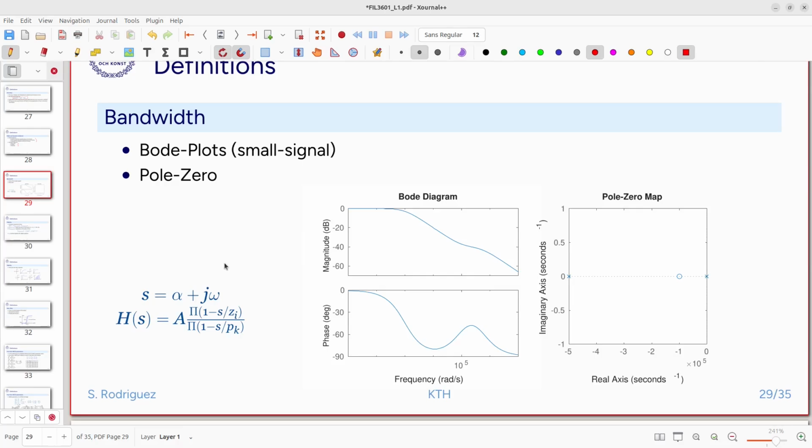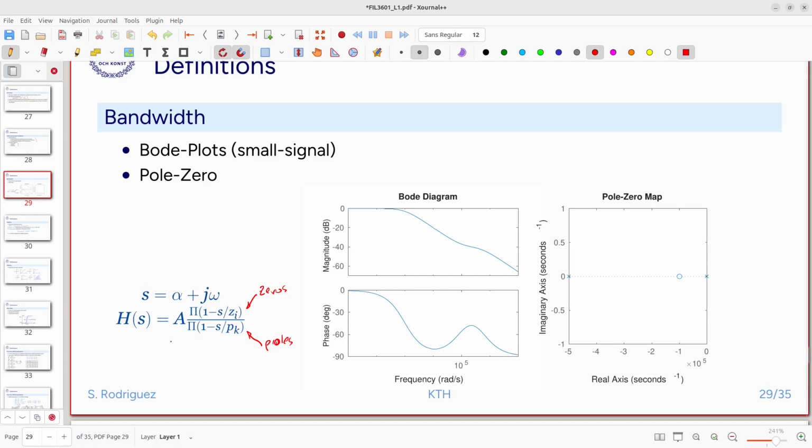For the bandwidth, we will use the Laplace transform for most of what we are going to do. In the Laplace transform, there are poles and zeros. We have the zeros here, and we have the poles here in the denominator.